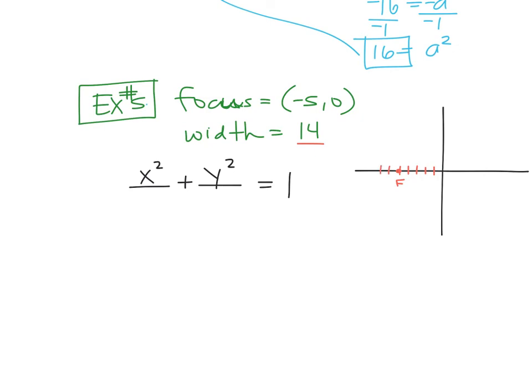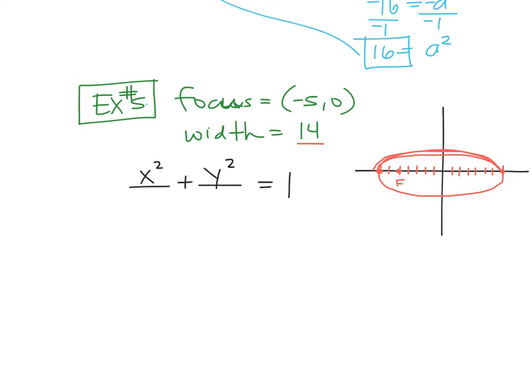So 6, 7, to 1, 2, 3, 4, 5, 6, 7. So our ellipse is going to look something like this. Ooh, that was not great in terms of my spacing. So we know that's what we're working with.